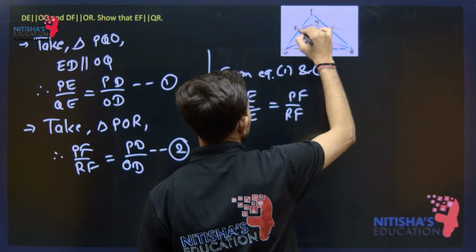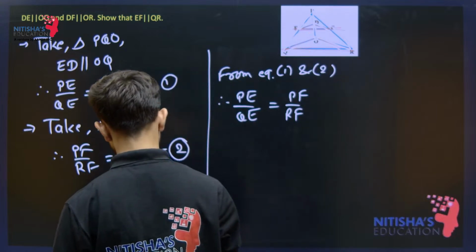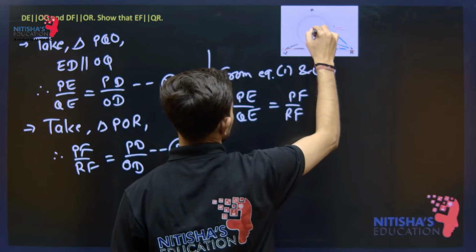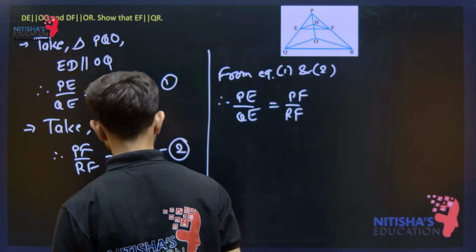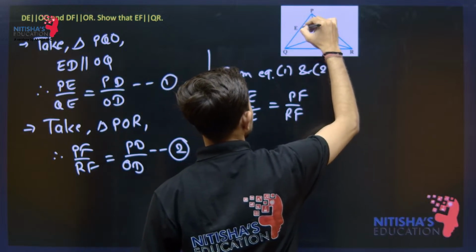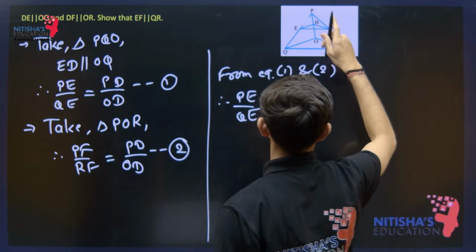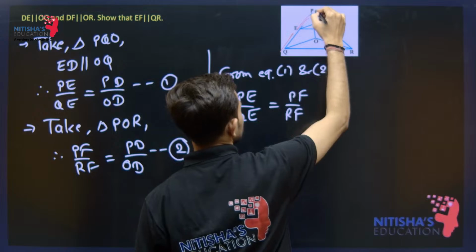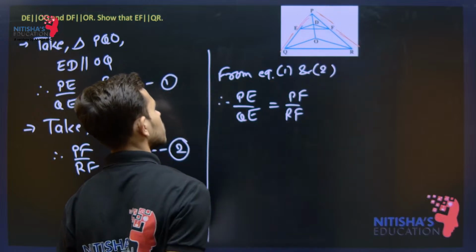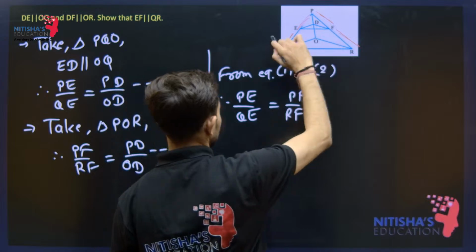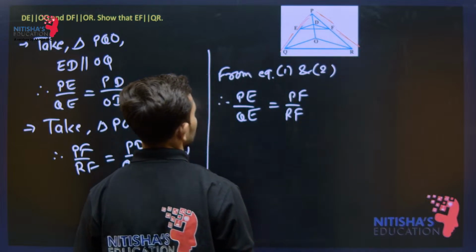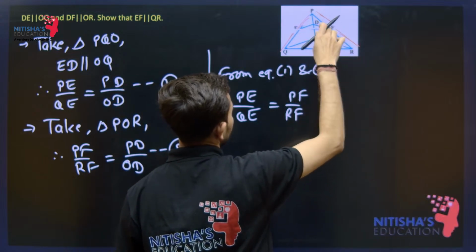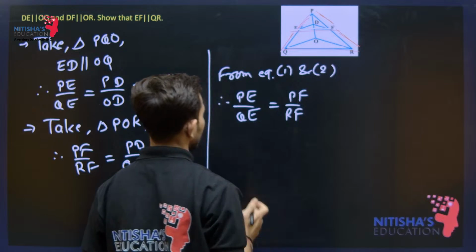It means the ratios are the same. If the ratios are the same, then by the converse of Thales theorem, these two lines, which are EF and QR, are parallel.